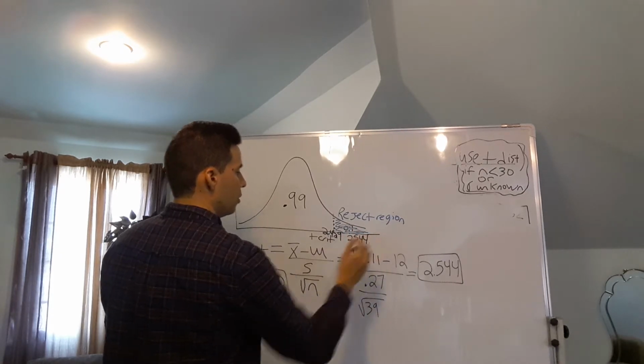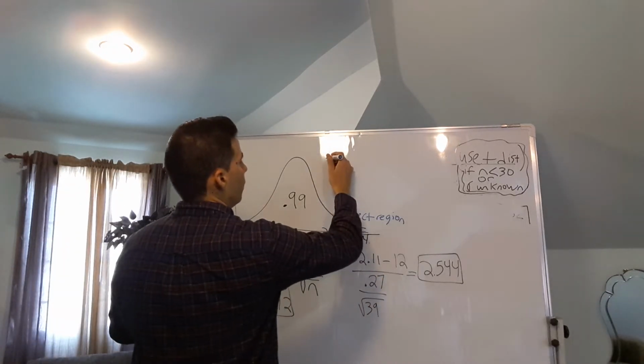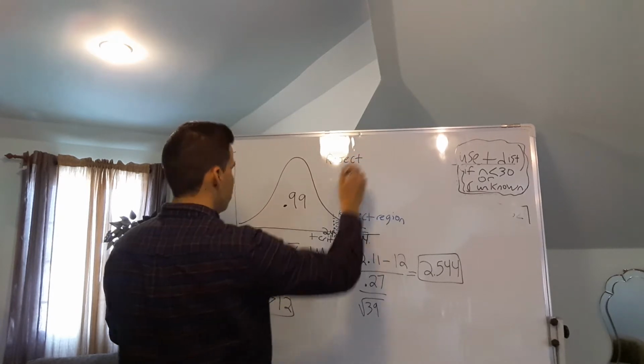2.544, therefore we are going to reject H0.